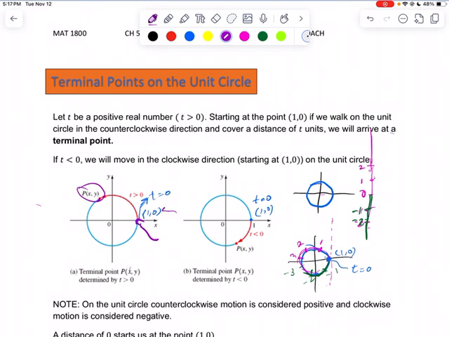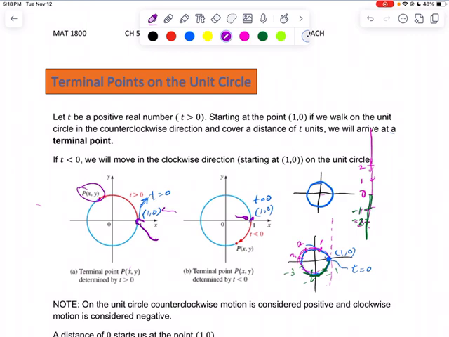If you travel the other way, we always start from (1, 0), from the positive x-axis, but now we go in the negative direction. So now t will have a negative value.